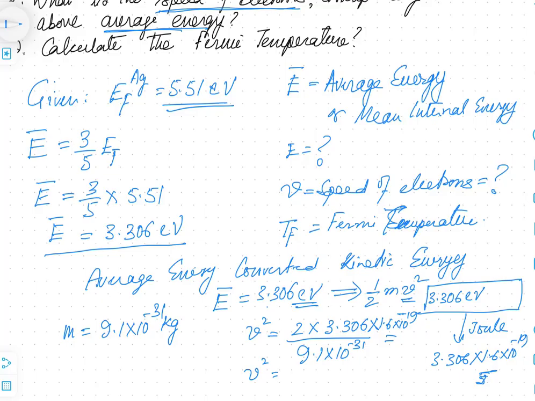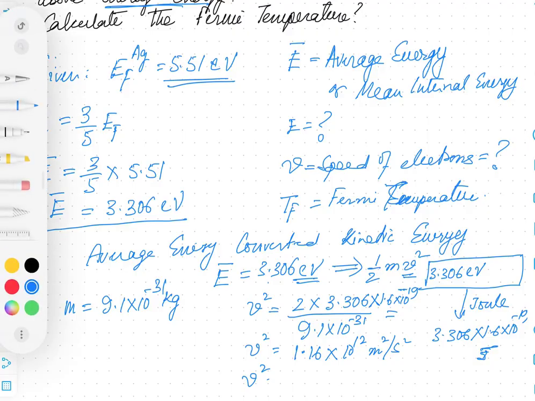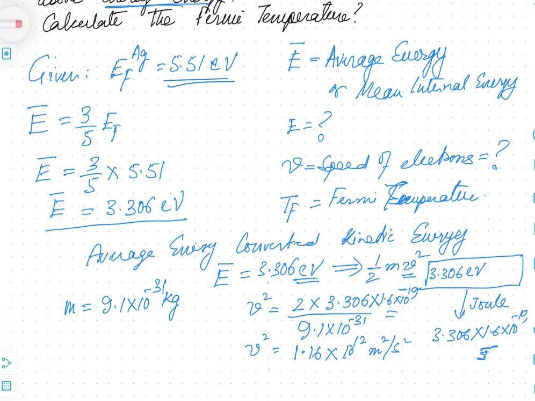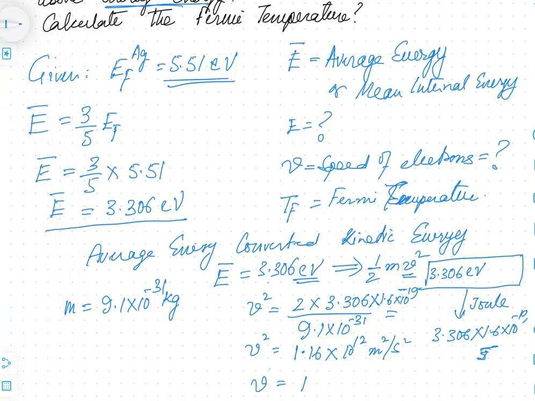After doing this calculation, I have v square as 1.16 10 raised to 12 meter square by second square, and if I take the square root of v square, I get v is equal to 1 10 raised to 6 meter per second.